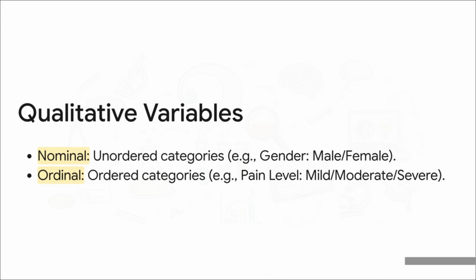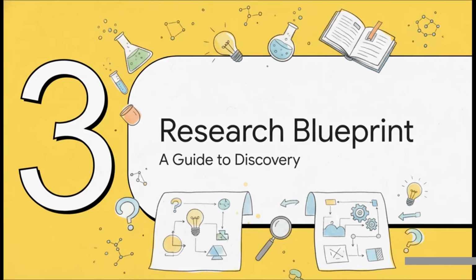We have nominal and ordinal. Nominal variables are unordered categories, such as gender, and ordinal are ordered categories, as the name suggests, such as pain levels like mild, moderate, and severe, or things like movie ratings, from terrible to amazing.